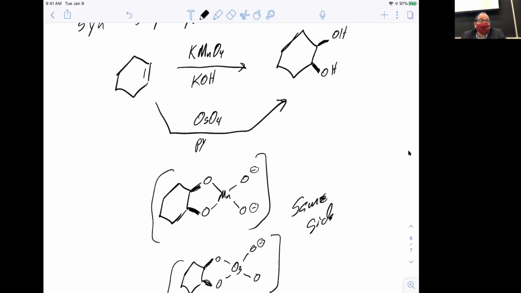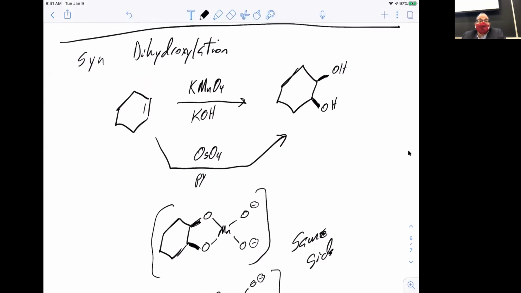So when you're looking through some of these problems, and if you're looking through other resources online, you might see NMO and you might see the catalytic version of the osmium tetroxide reaction. The thing to recognize is that osmium tetroxide, anytime you see it with an alkene, is going to give you a syn dihydroxylation. Okay, the manganese is not toxic. It's a little less easy to work with in the lab, but since y'all aren't in a lab, the potassium permanganate works perfectly fine.